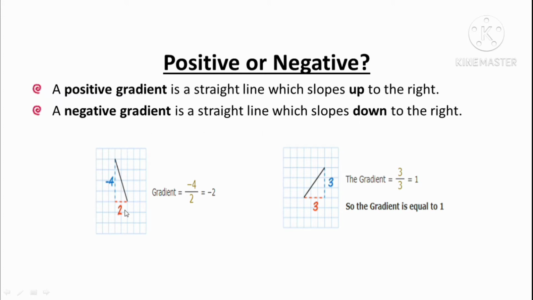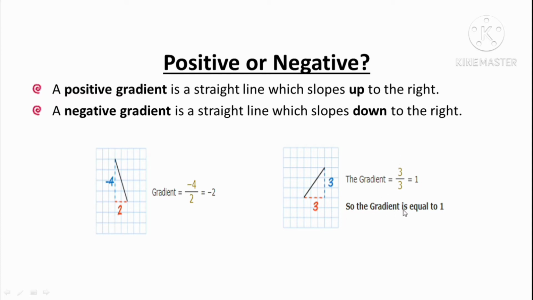So this is a negative gradient, which is going down to the right, and this is a positive gradient, where it is going up. So a negative gradient will give a negative change in y, and a positive gradient will give a positive change in y.